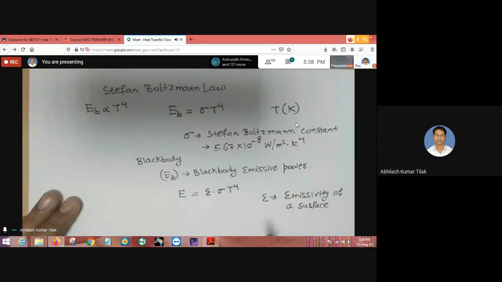Okay, so I was saying the emissivity of a surface depends upon the surface material and finish. Now, this emissivity lies between 0 to 1.